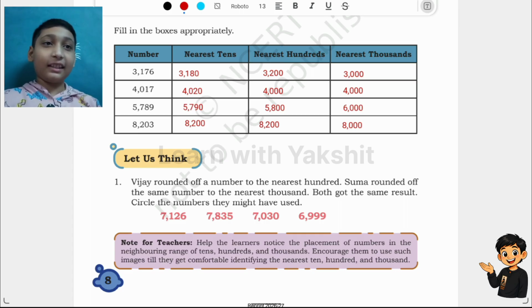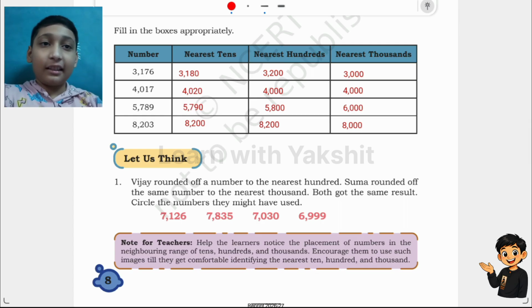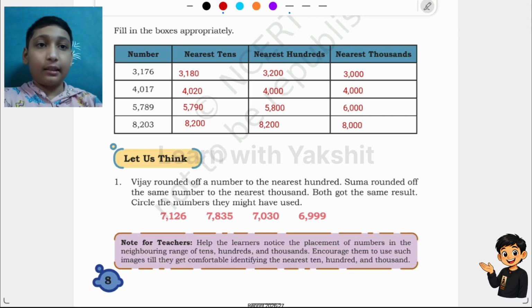Now, in this, we can see that this is the nearest 10 of this number. As we saw, if this digit is 5 or above 5, then we cut this number and then increase this by an 8.